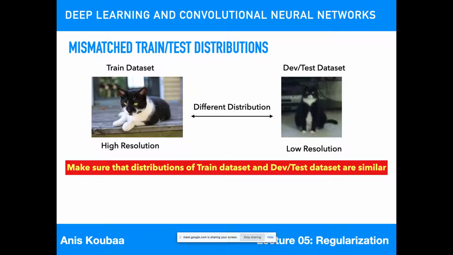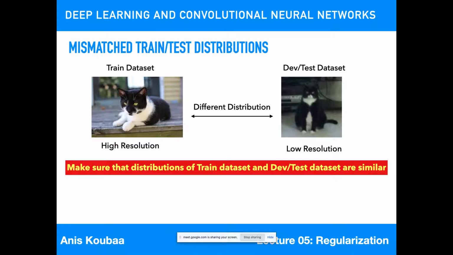And imagine that your dev and test dataset, sometimes we call it the validation dataset or the dev dataset, it means the same thing, is low resolution. This may create a problem because your model is trained on high resolution data and your final environment will be low resolution data, or maybe the opposite.